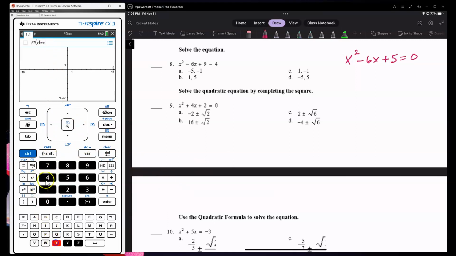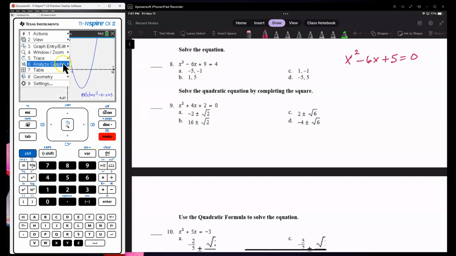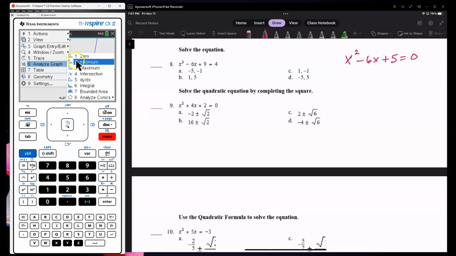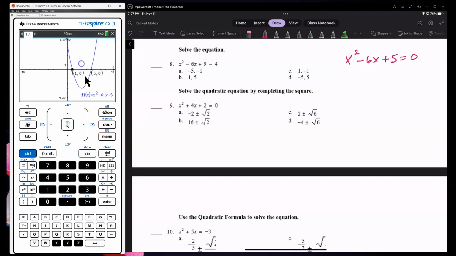So I have x squared minus 6x plus 5. Enter. Then I'm going to go to the menu, analyze graph, and find the zeros. The first zero is 5, 0, so it's 5. The second zero occurs at 1. So your answer is either x equals 1 or x equals 5. So in this case, it's going to be answer B.